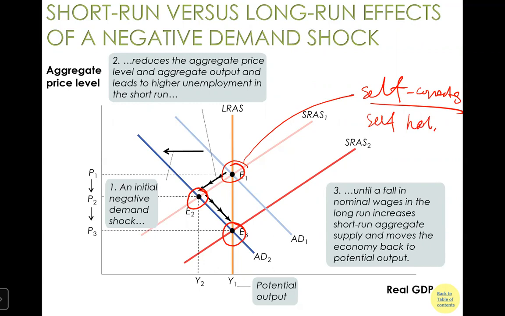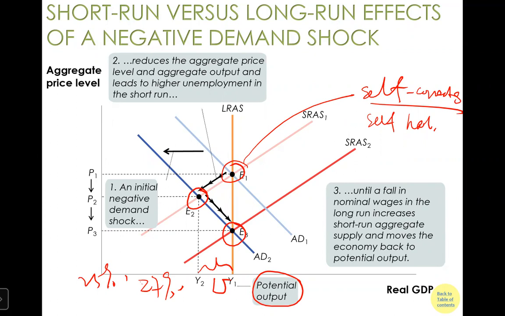But this process can be costly and lengthy. It is costly in the sense that we are experiencing potential output loss. We are going to experience a high unemployment rate, like in 1930, when the unemployment rate was 25% and the GDP gap was 27%. So it's very costly. Not only is it costly, it can be very lengthy.